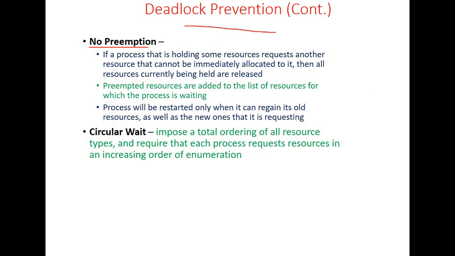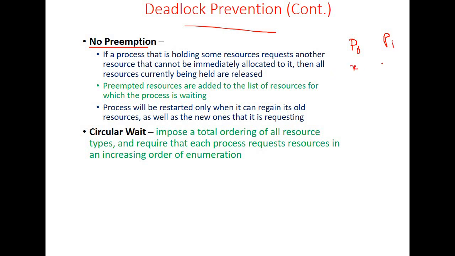No preemption. If a process that is holding some resources requests another resource that cannot be immediately granted, then all resources currently being held are released. For example, P0 is one process, P1 is another process.